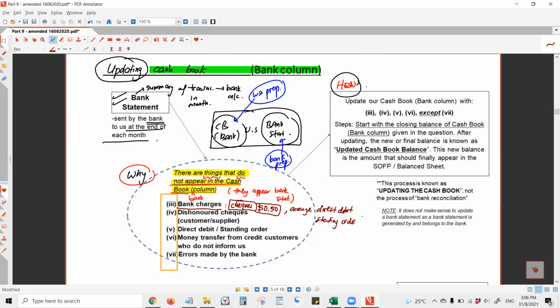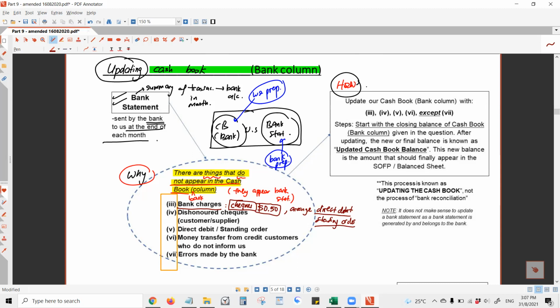So you ask the bank to do it on behalf of you: please help me transfer maybe 500 ringgit every month from my bank account to the insurance company. After you have told them, they will do it on behalf of us every month, so you would not forget to make payment for the insurance anymore. You get what I mean? So that's direct debit or standing order.